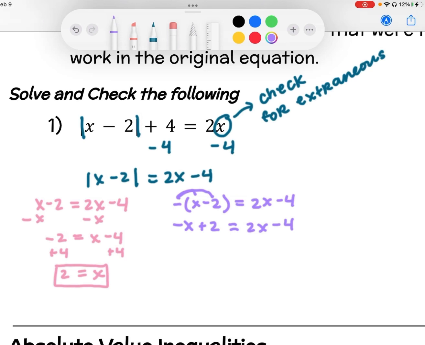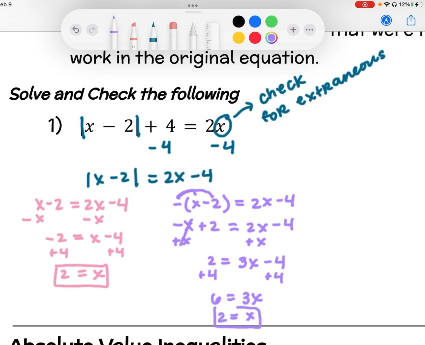And then we need to get all of our x's to one side and everything else to the other side. So I'm going to add x to both sides. Those cancel, and we have 2 equals 3x minus 4. And then we'll add 4 to both sides. We'll get 6 equals 3x. And then divide both sides by 3, and we get x equals 2.